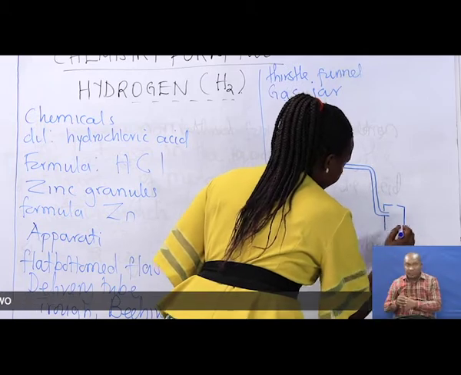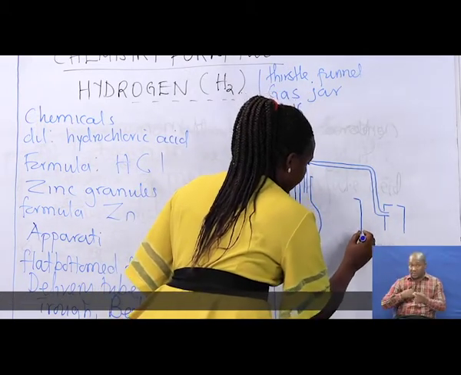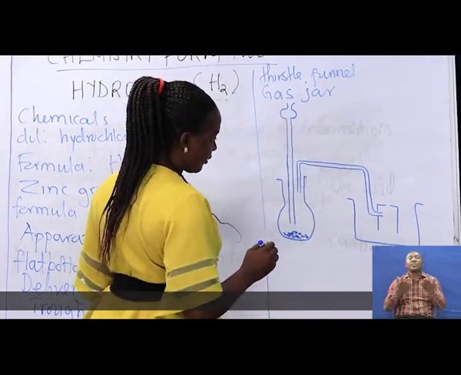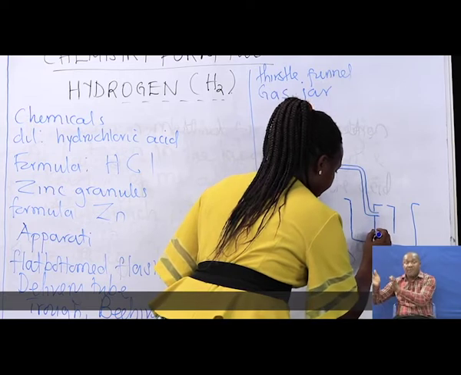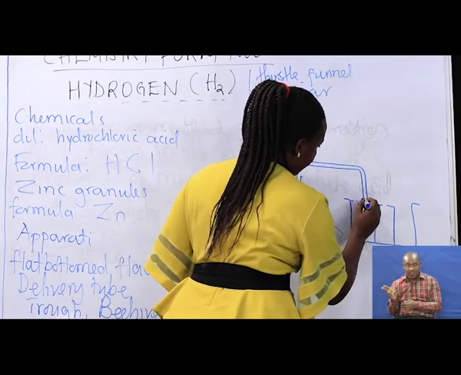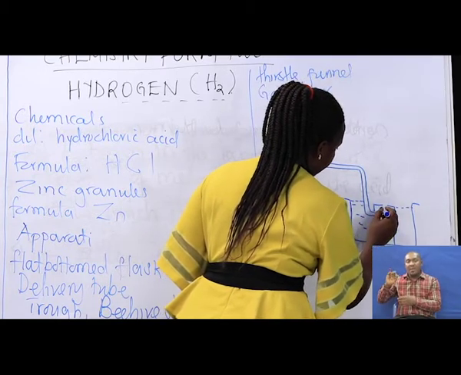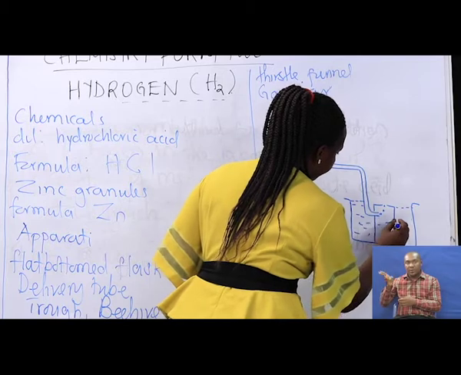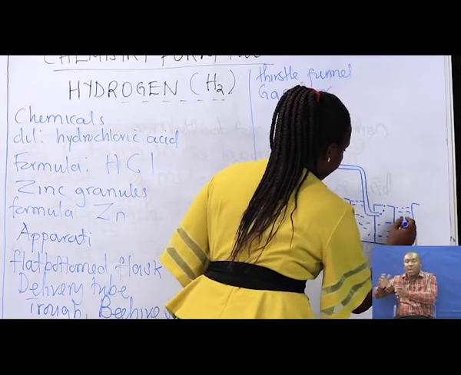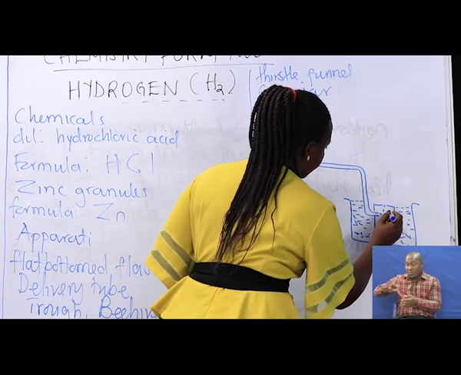Make sure you follow me and try to draw the diagram as I am doing. We must have a trough, and this is the beehive shelf. Fill the trough with water. We are going to see the function of water in our preparation of hydrogen.